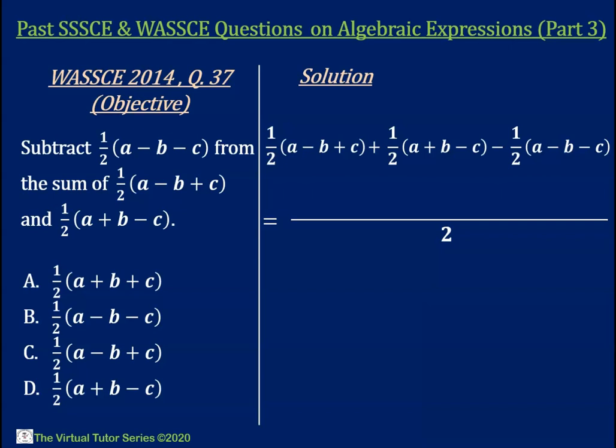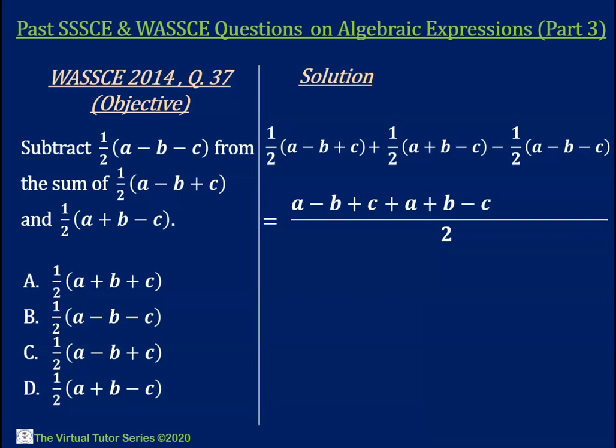So we have the first part to be 1 times a, 1 times -b, and 1 times c, which is a minus b plus c. For the second part, we have 1 times a, 1 times b, and 1 times -c, which is a plus b minus c.